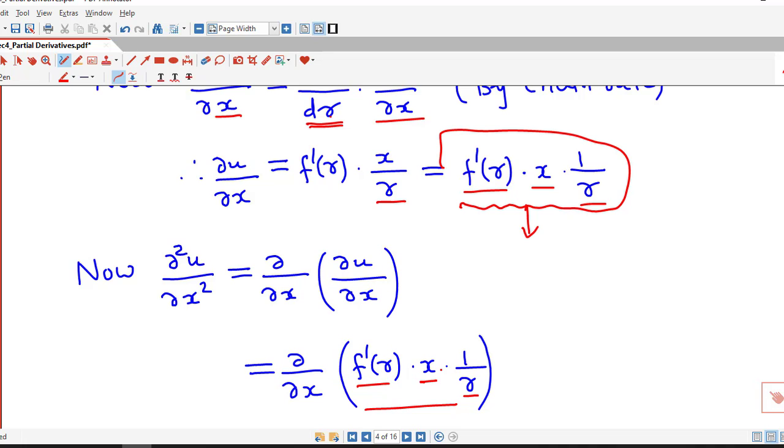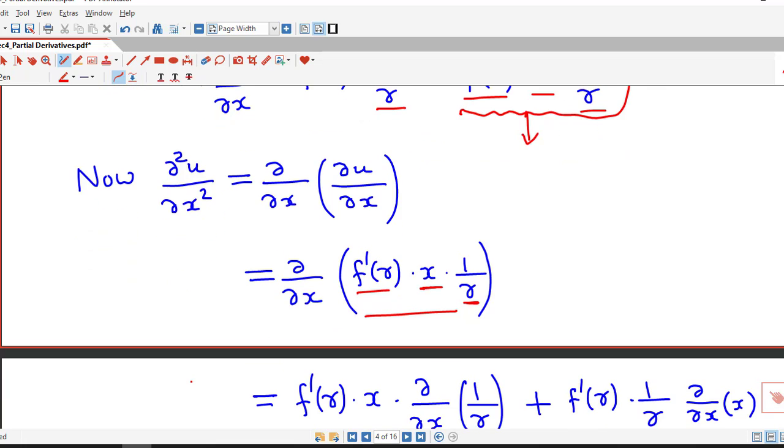Now we are having 3 functions, so we will take 2 functions as constant and we will differentiate the third function, and that we will repeat for each function. So there are 3 functions, and we have to differentiate all these 3 functions one by one, considering the remaining 2 functions as constant.